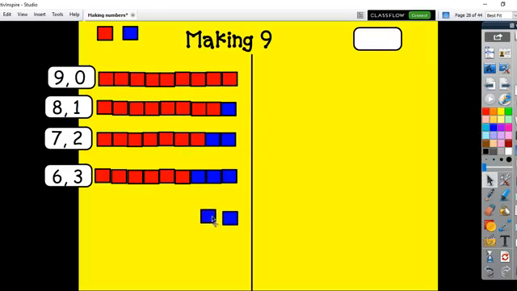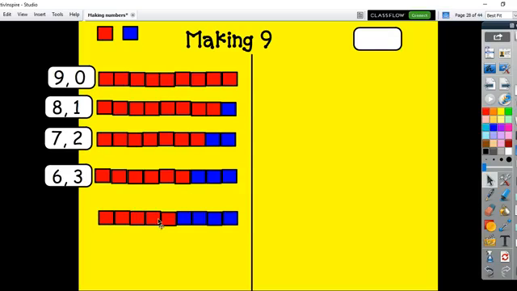So here we go. 4. 1, 2, 3, and 4. So then I would bring down my red. So I'm going to count on 5, 6, 7, 8, 9. There's my 9.